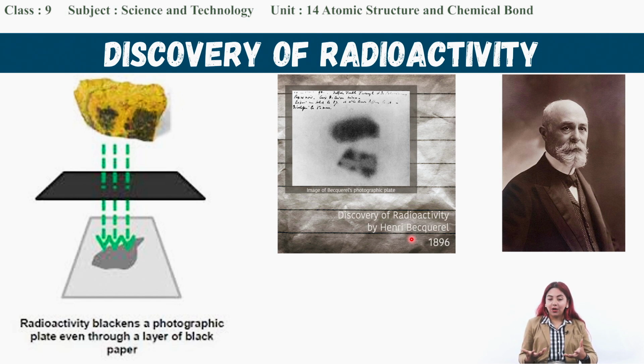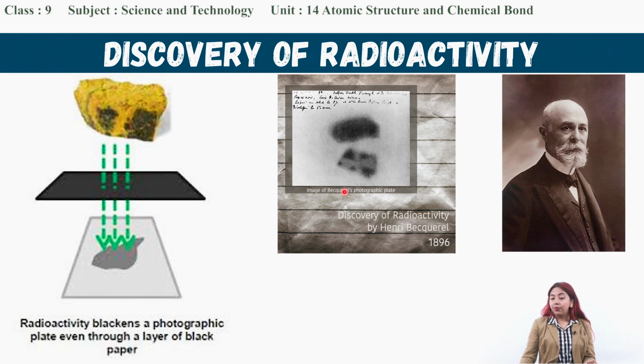So, what he did was, he had placed a photographic plate on a table and covered it with a black paper, and he had just placed some uranium salt over the black paper. He did not expect any image to be formed on the photographic plate. But to his surprise, he found that there was this kind of image that I've shown here on the photographic plate.